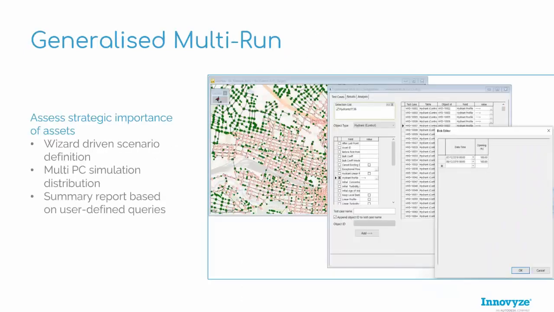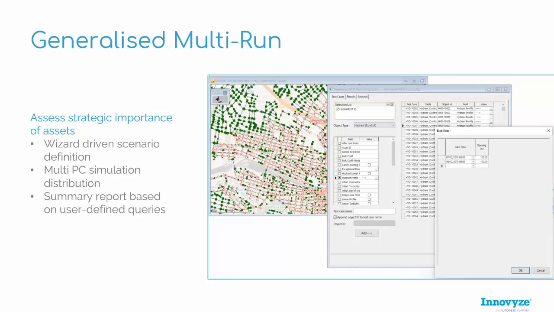And while the two techniques we've just touched on are specific applications, so looking at testing fire flow and if that meets the requirements and where that is, and then the critical pipes, we have a function called the generalized multi-run, which is as vague as the name sounds, and is a wizard within WS Pro, which helps you define different scenarios for different assets.